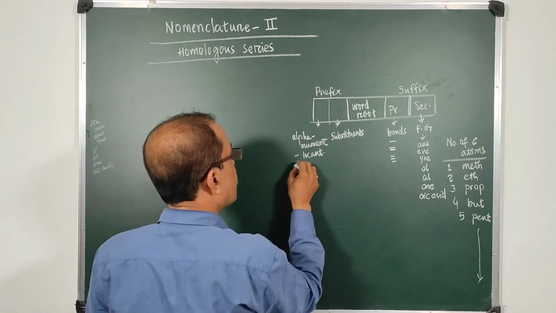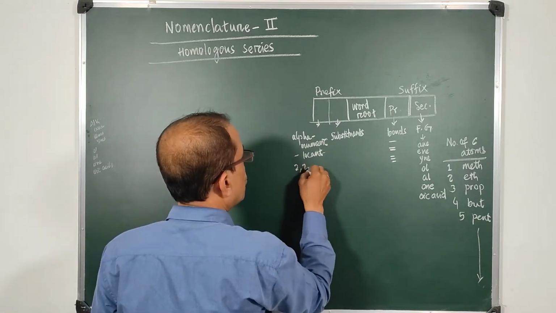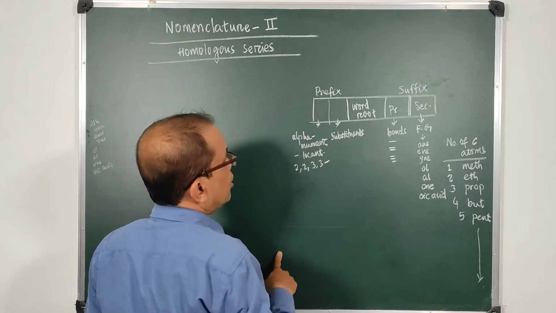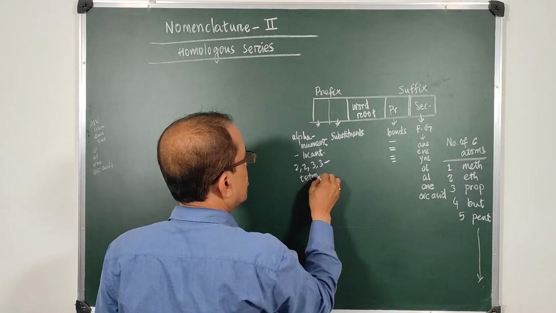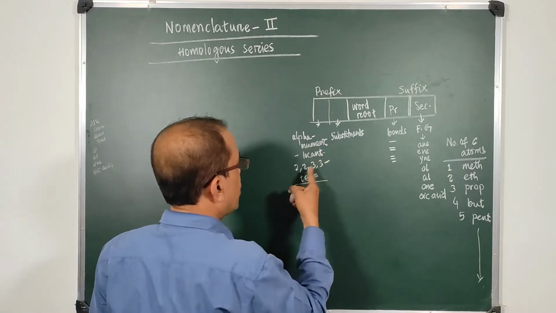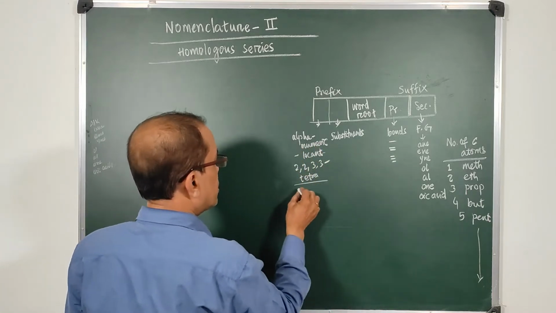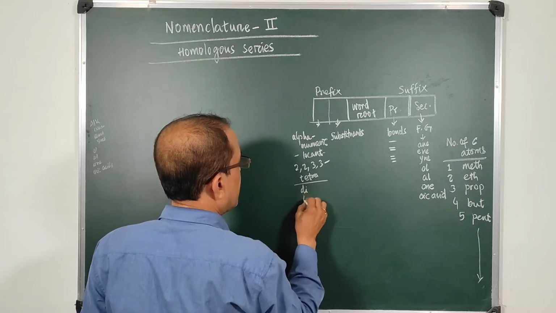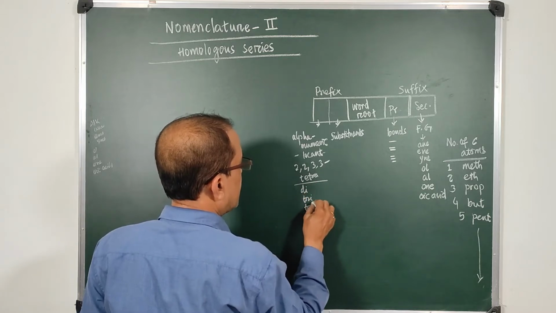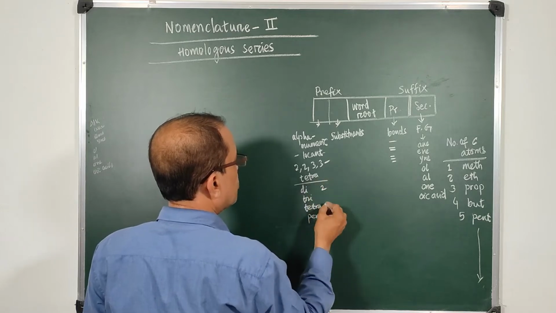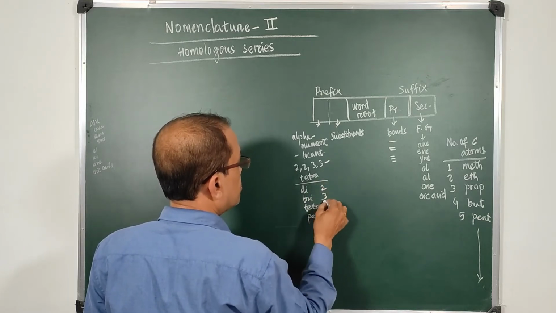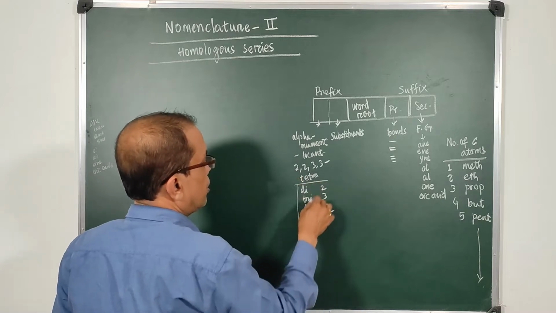So there may be a number like 2, 2, 3, 3, etc. So if there are 4 substituents, there will be a tetra. So the numeric ones are the numbers, the alphabetic ones are like di, tri, tetra, penta, etc., which represent 2 atoms, 2 substituents, 3 substituents, 4 or 5 substituents.